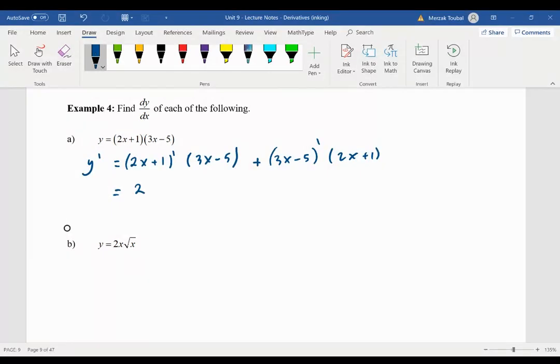That's 2. Times 3x minus 5. What's the derivative of 3x minus 5? That's 3. Times 2x plus 1. Now we can simplify. 6x minus 10 plus 6x plus 3, which is 6x plus 6x, 12x, minus 7.